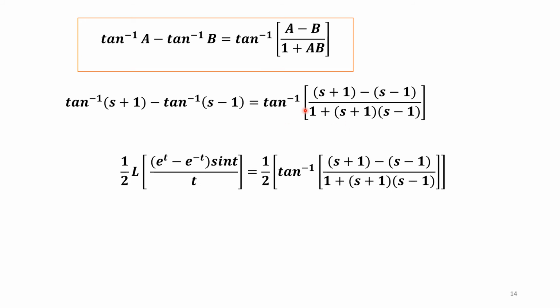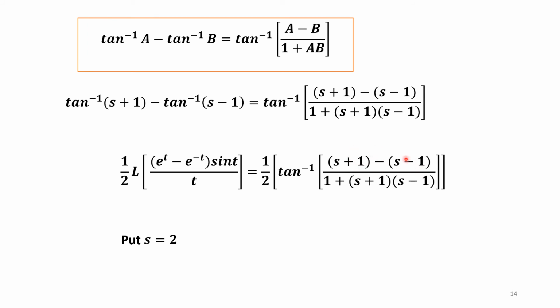So tan inverse of, this was the given problem. This is equal to half of this. Put s is equal to 2 in the whole function. So half tan inverse of 2 plus 1, 3, 2 minus 1, 1.